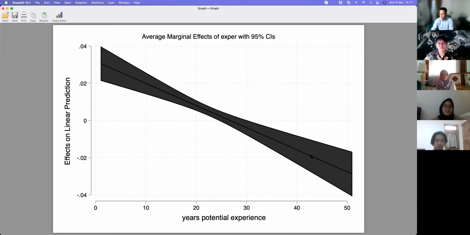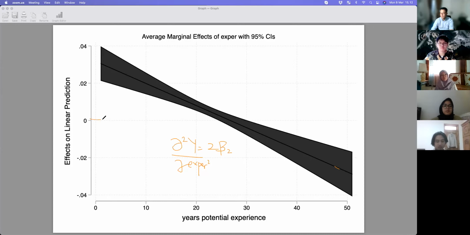The slope of this line is actually 2 beta 2. How do I know? This is the second order derivative of y with respect to experience. You can check it in the slide to know that this is actually 2 times beta 2.